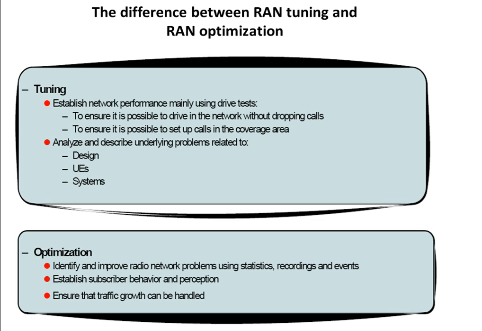We will also try to analyze a lot of data samples, so that we are able to establish the subscriber behavior and the perception of the subscriber in the network. And we can also extract the traffic growth in the network and analyze the overall traffic growth, so that we can set up the various performance changes in the network.